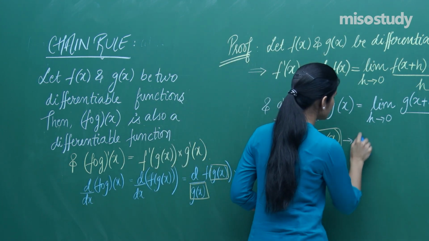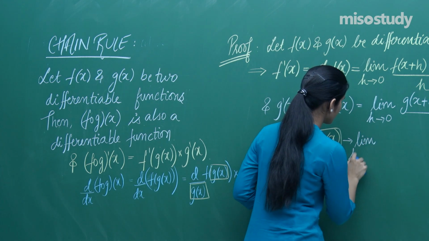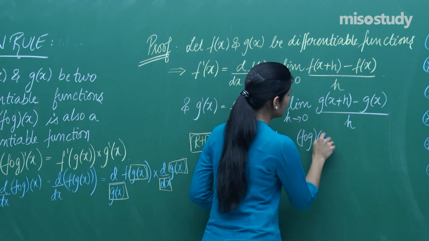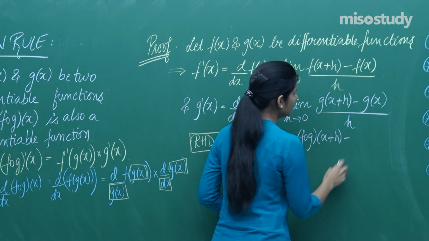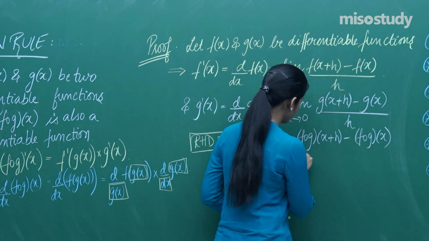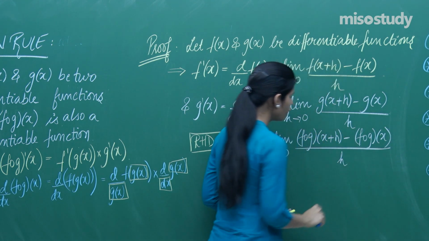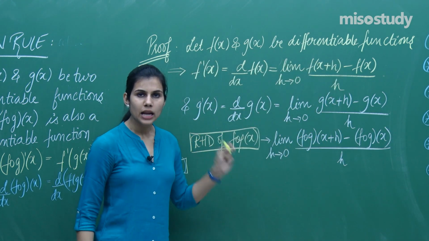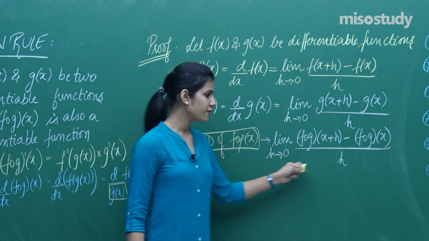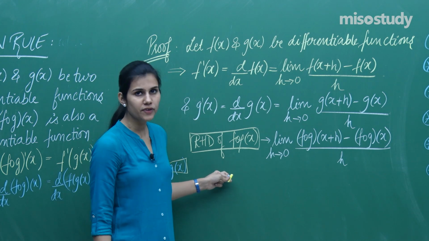This will be limit h tends to 0, FOG of x plus h minus FOG of x whole upon h. For a specific number in the domain of FOG, that is x, this is the right hand derivative of FOG at that specific x.